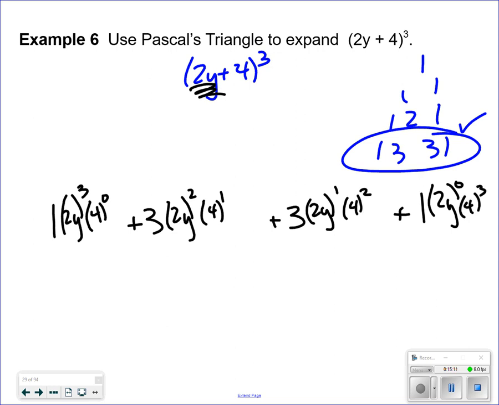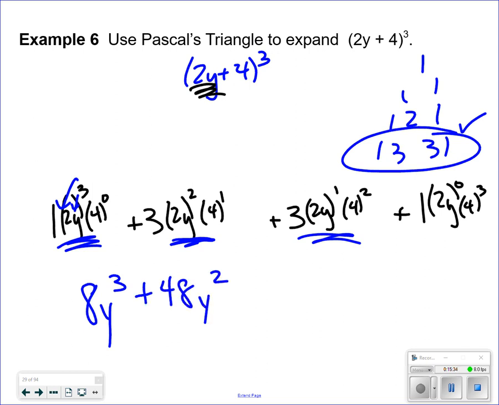All right, so now answer time. I want to do each one of these. 1 times 1 times 2 to the third is 8y³. Don't forget to cube both of those in the parentheses. So now 3 times 4 times 4, which is 48y². So again, you got to make sure to do that to the first power, do that to the second power.